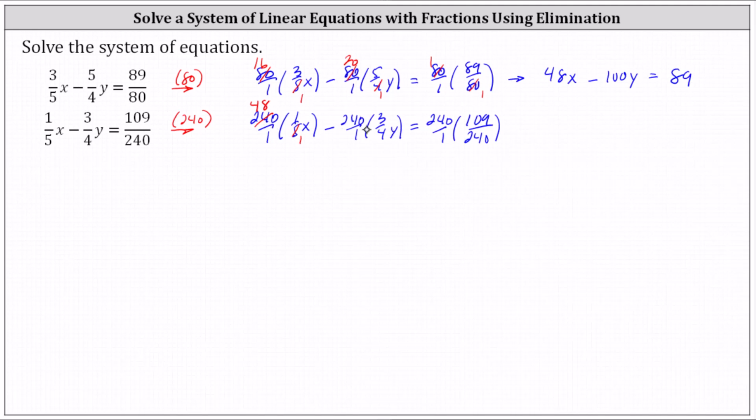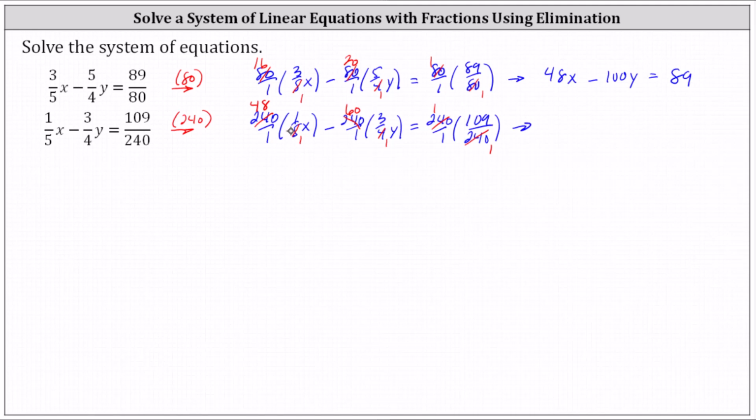For the second product, 240 divided by 4 simplifies to 60. And for the product on the right, 240 divided by 240 simplifies to 1. And now we multiply.